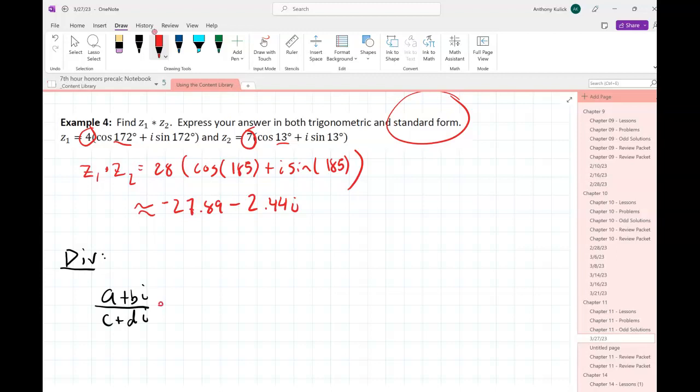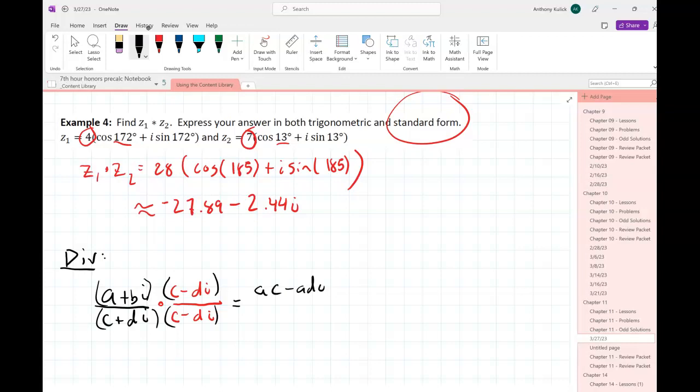We've got to multiply the top and bottom by something. Do you remember what we multiply the top and bottom by? The conjugate of which one? The bottom. So the conjugate is the same thing with just the opposite sign in the middle. So to do that, though, what are we going to have to do? Whole bunch of foilings.